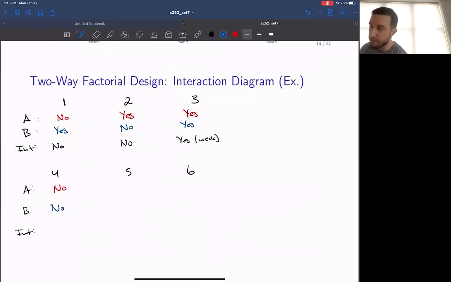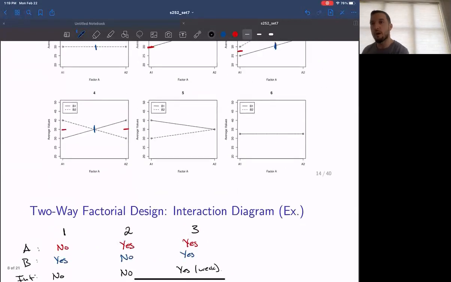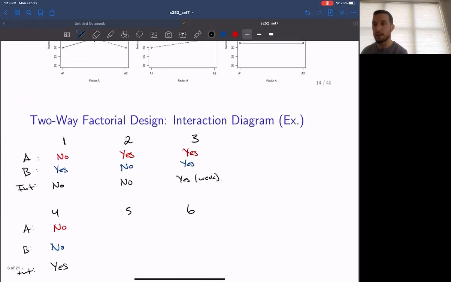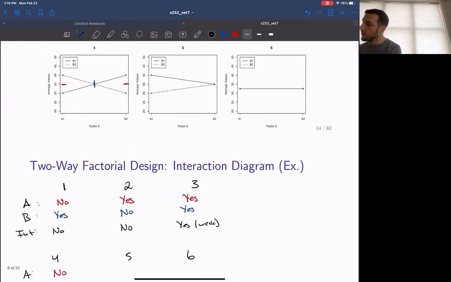So that means we have no main effect for factor B. But then we can see that these lines cross right in the middle. This would indicate an interaction effect and a strong interaction since we have almost perpendicular lines. So that would mean, yes, we have an interaction in the fourth diagram.